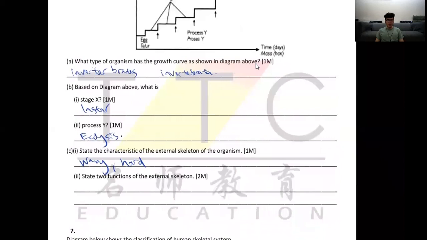So two functions of the external skeleton are to protect organs, melindungi organ dalaman, internal organs, support body weight, menyokong berat badan, for attachment of muscle, untuk pelekatan otot, to maintain body shape, mengekalkan bentuk badan. So there's 4 functions for the skeleton. Okay, endo and exo are the same.